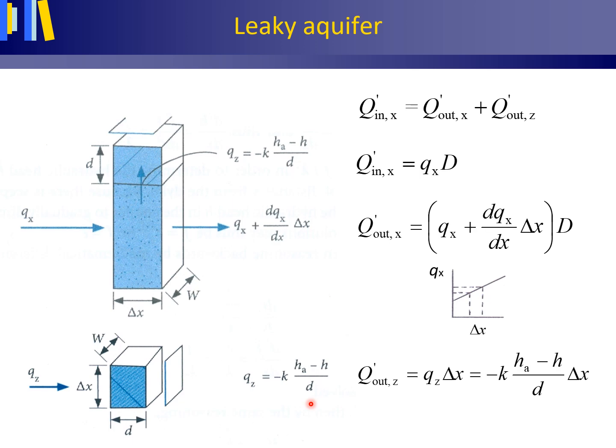And then, of course, the volume flux in the z direction equals the volume flux density in the z direction times delta x perpendicular to this vertical flow.